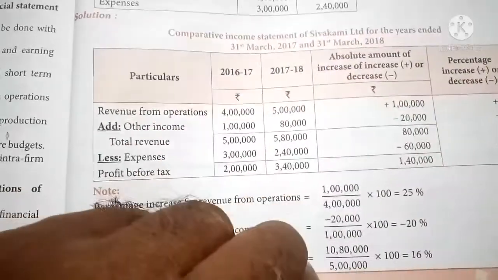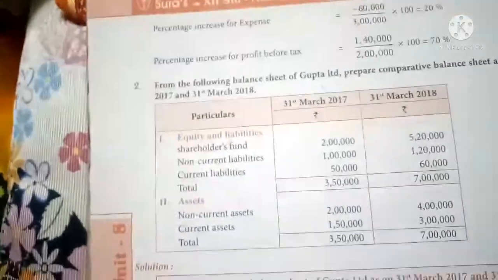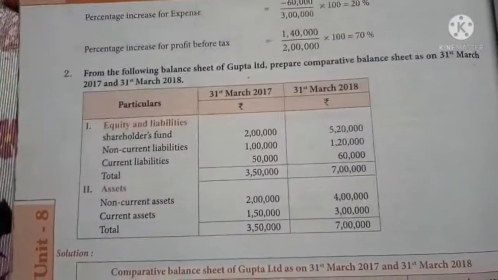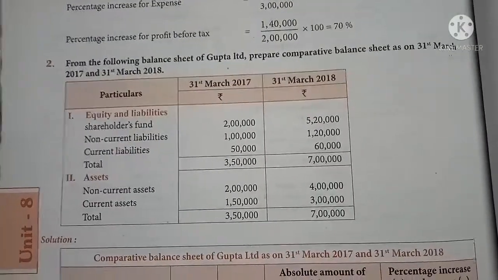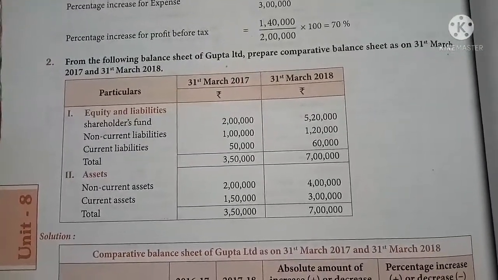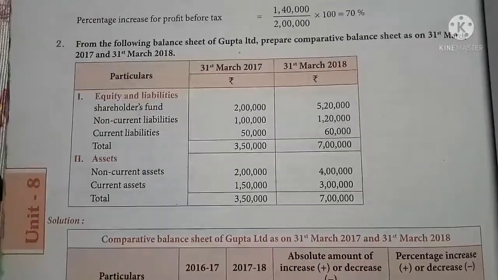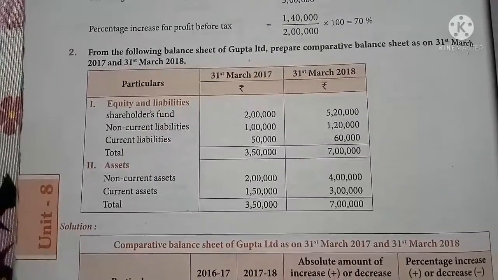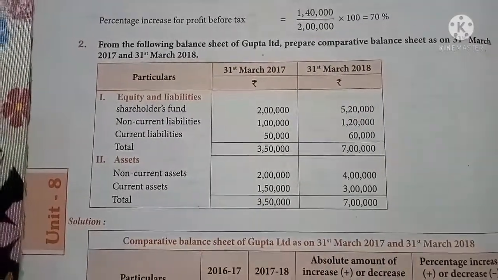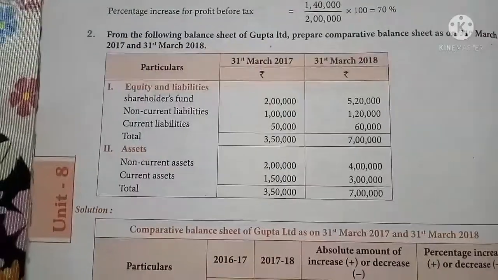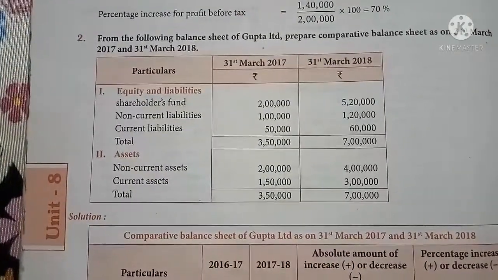Let us see one sum for comparative balance sheet. In this problem they are asking to prepare comparative balance sheet. For comparative point of view, at least 2-year information will be given in the sum, and you should compare it and find the difference between these two informations.